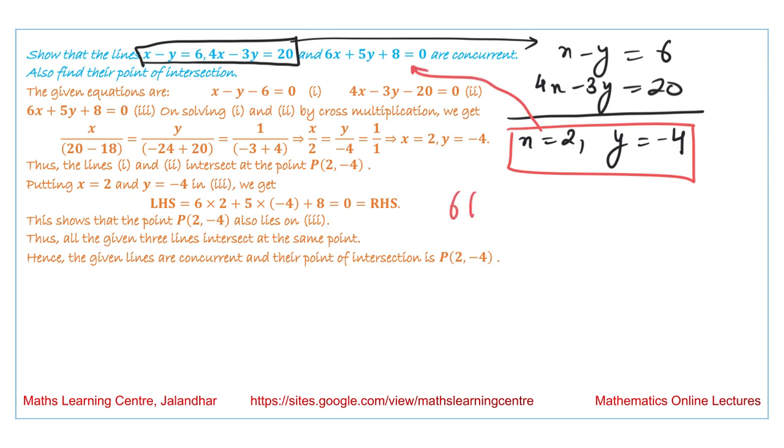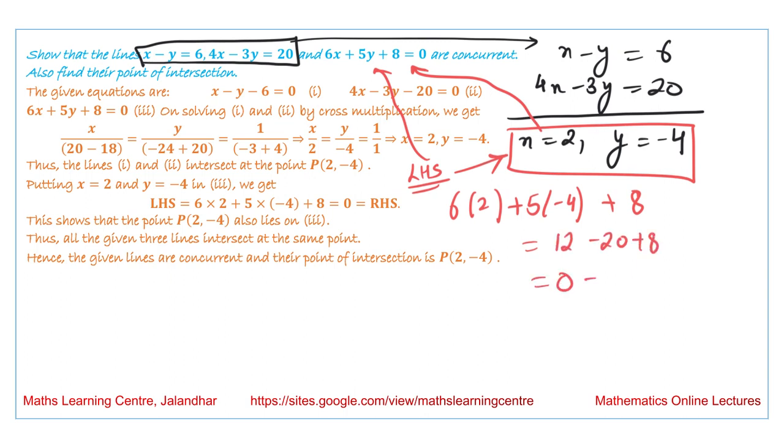So we are taking the LHS of this equation and substituting this value. It is 6 into 2 plus 5 into minus 4 plus 8. So the answer we obtained is 12 minus 20 plus 8 is equal to 0, that is equal to RHS. It means this point satisfies this equation.